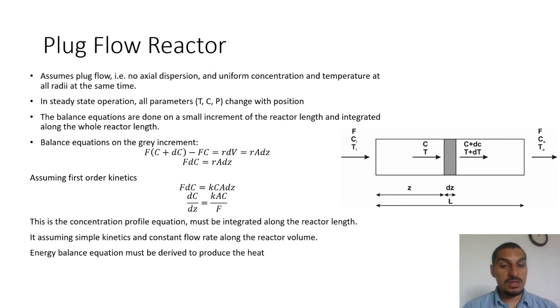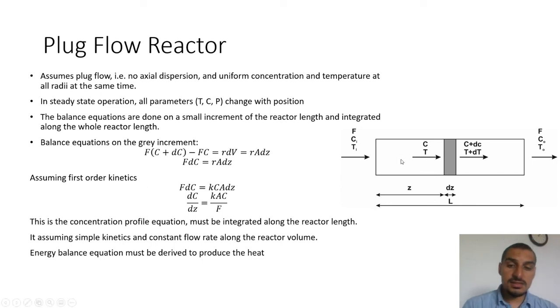Again, we are going to end up with a differential equation, and this is what we expect in any distributed parameter system, that the parameters change with the distance. If you have an unsteady state operation, that's going to be more difficult. It's going to be a partial differential equation in z and in t.